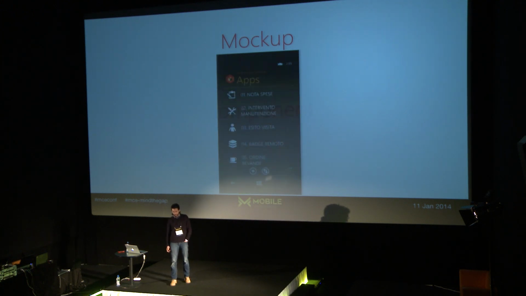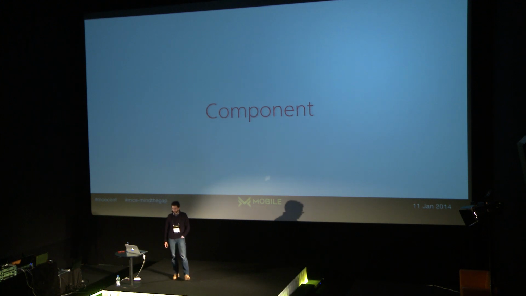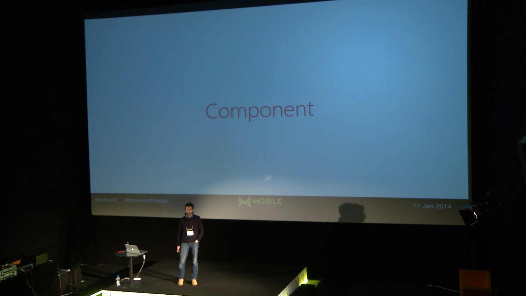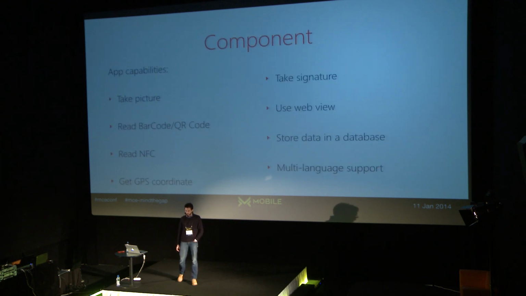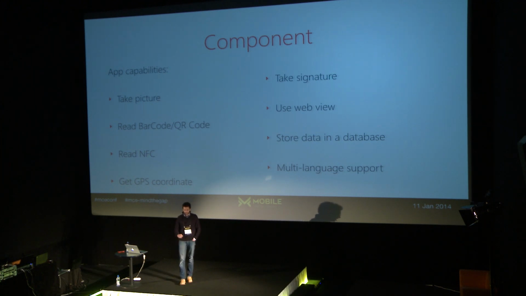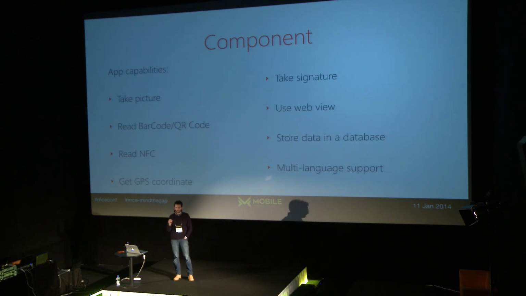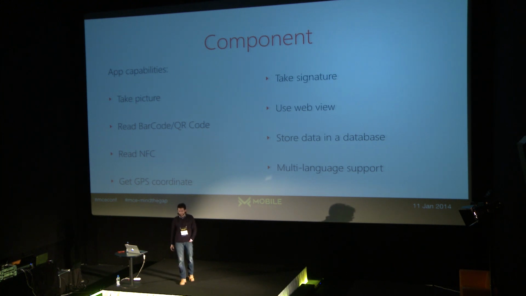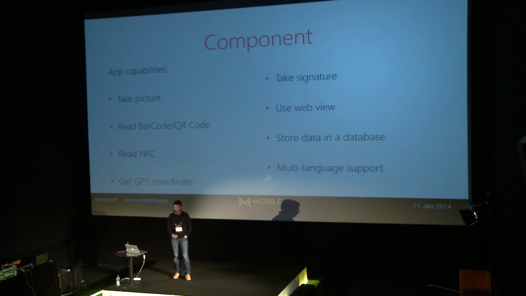Once we finished building this mockup, another important step that we had to take was to take a closer look at the components. By components, I mean we needed to port all the functionality that we previously had in Android to Windows Phone. So we needed to be able to take a picture, read barcodes, QR codes, NFC, get position, take a signature, show some HTML data, store data in a database, because again the client was occasionally connected, and then support multiple languages.